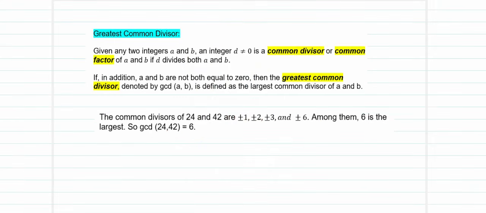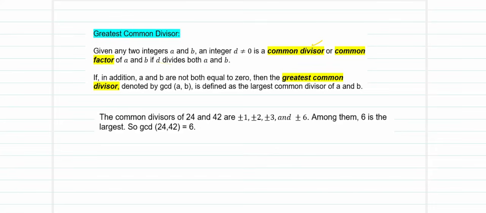Moving on, we see what is meant by a greatest common divisor. Suppose you have been given two integers a and b. Then a common divisor d, which is not equal to 0, is an integer that divides both a as well as b. The words divisor and factor both mean the same to us.